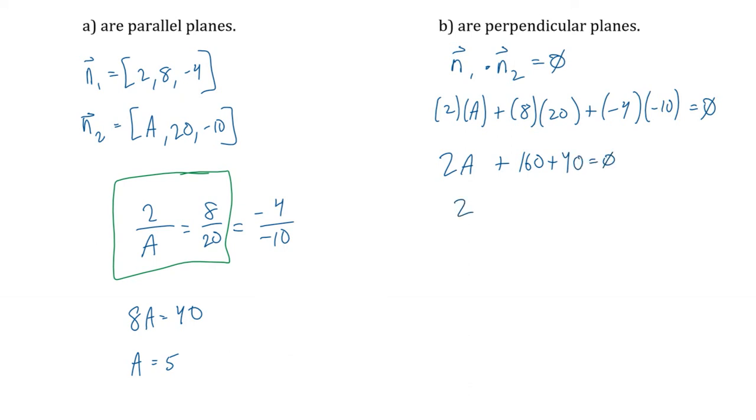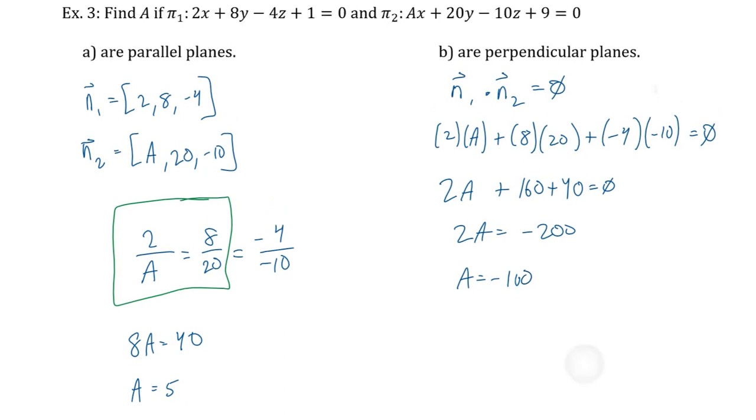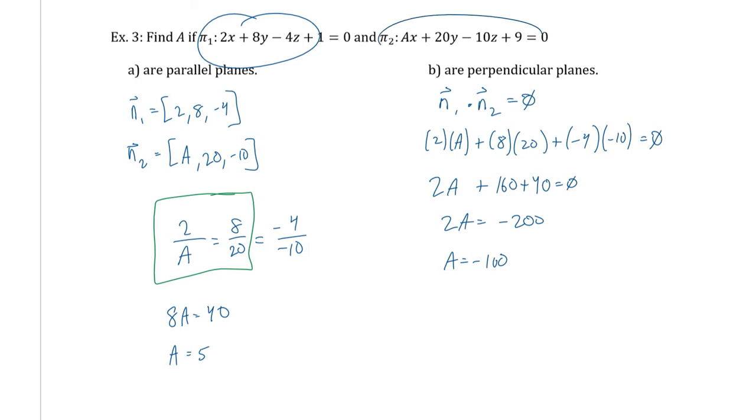So 2A is negative 200. Just solving this simple equation, divide both sides by 2, and A is negative 100. Okay, and done. If A is negative 100, then these two planes are perpendicular. If A is 5, then the two planes are parallel.